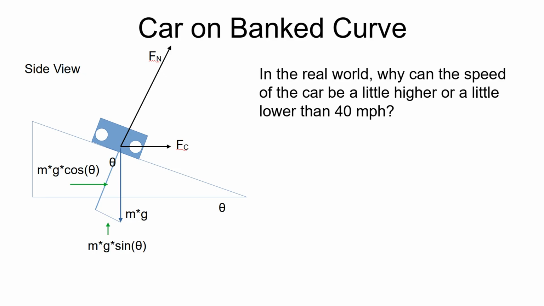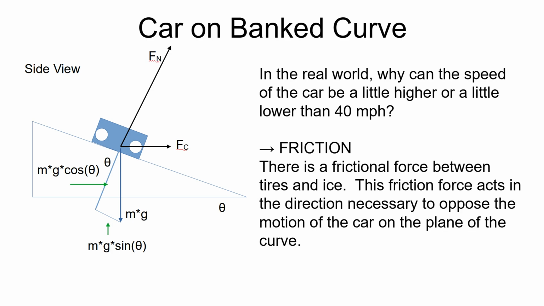So that was a physics problem. What about in the real world? Can cars go around with a little higher than 40 miles an hour or a little lower than 40 miles an hour and not slide into the ditch on the upper side or slide into the ditch on the downward side? Is it possible to go at a slightly different speed? And the answer is yes, because in the real world there's friction.